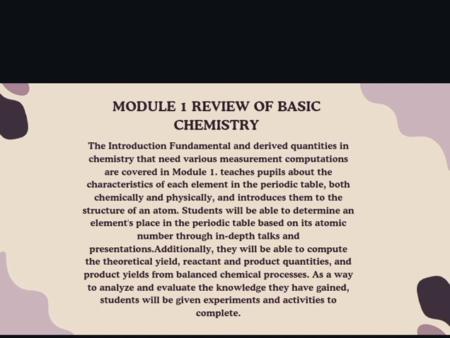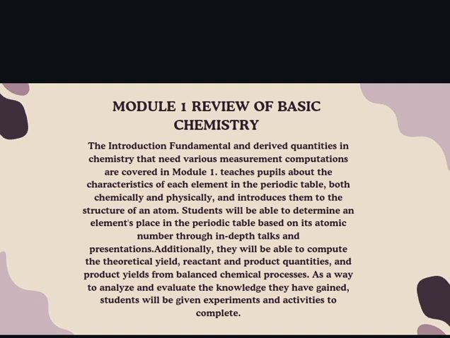It teaches pupils about the characteristics of each element in the periodic table, both chemically and physically, and introduces them to the structures of an atom. Students will be able to determine an element's place in the periodic table based on its atomic number through in-depth taxon presentation.